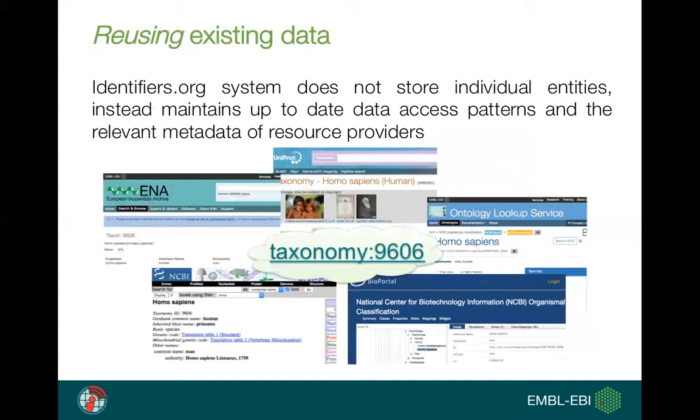And it is important to note that the Identifiers.org system doesn't store the individual data entities. Instead, it maintains up-to-date data access patterns and the relevant metadata of resource providers.